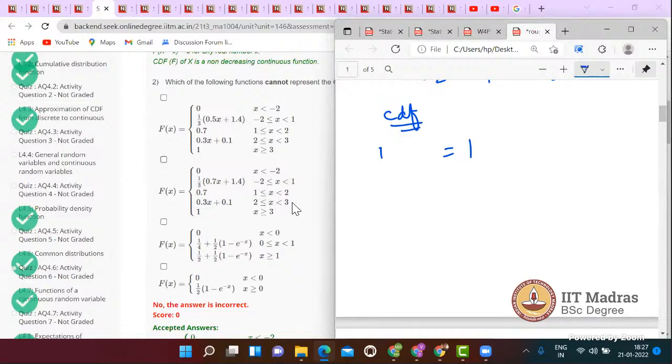If you put some value like 0 here, you'll get 1.4. But again you will get 0.7. So it's not an increasing function, right?